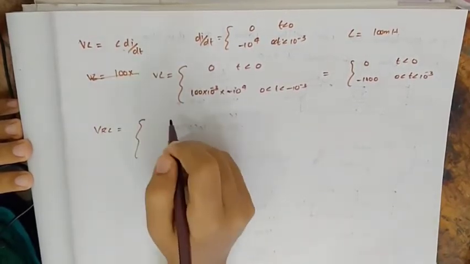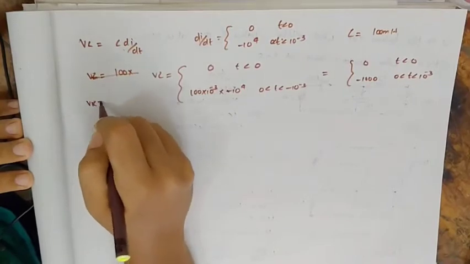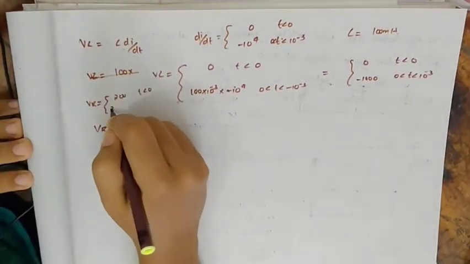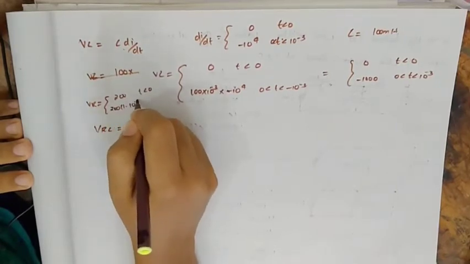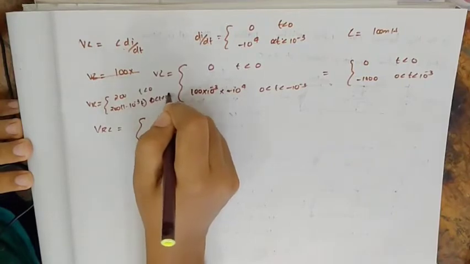We have to find VRL, which is VR plus VL. We have already found VR is equal to 200 for t less than 0 and 200 into 1 minus 10 raised to 3t for 0 less than t less than 10 raised to minus 3.